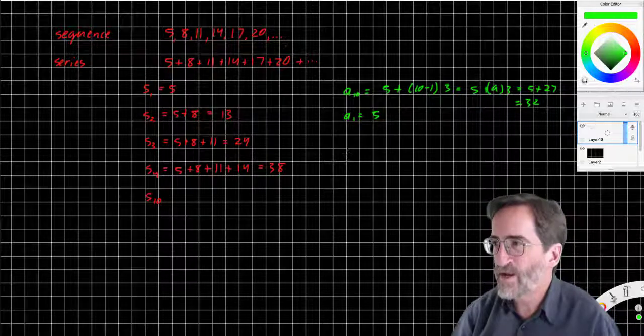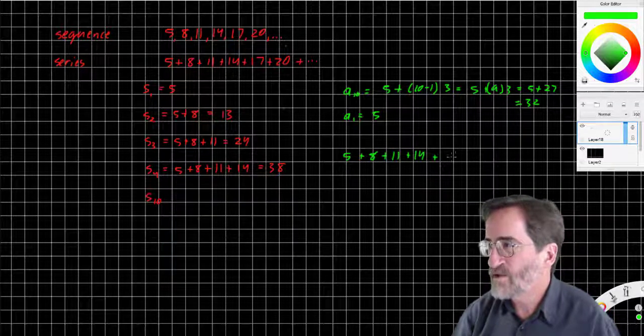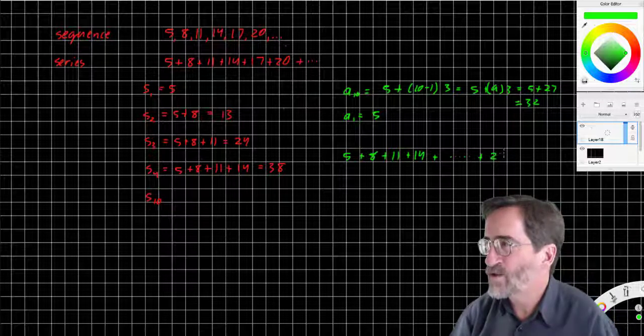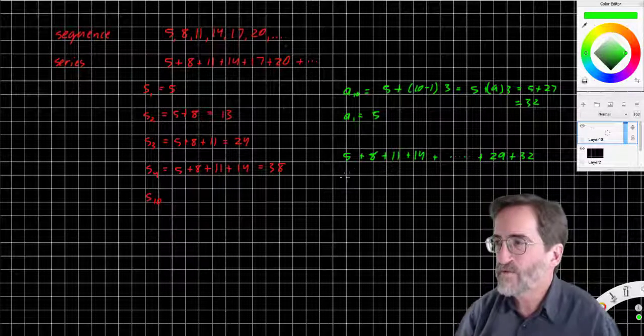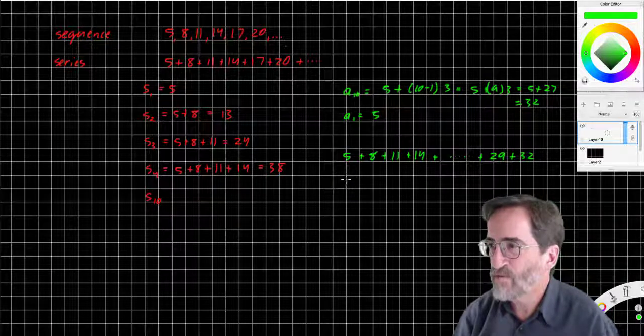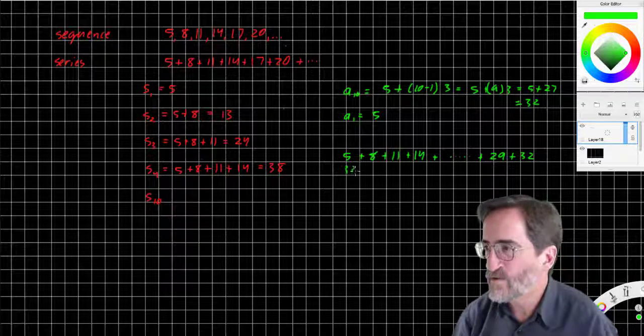So here's what I'm going to do. I'm going to start adding here. I'm going to do 5 plus 8 plus 11 plus 14 plus ... plus the second to last term, which is going to be 29, plus 32. And I'm going to list this same list in reverse order. So I'm going to write the end first, 32, plus 29, plus, etc., plus, and in reverse order it's going to end with 5.